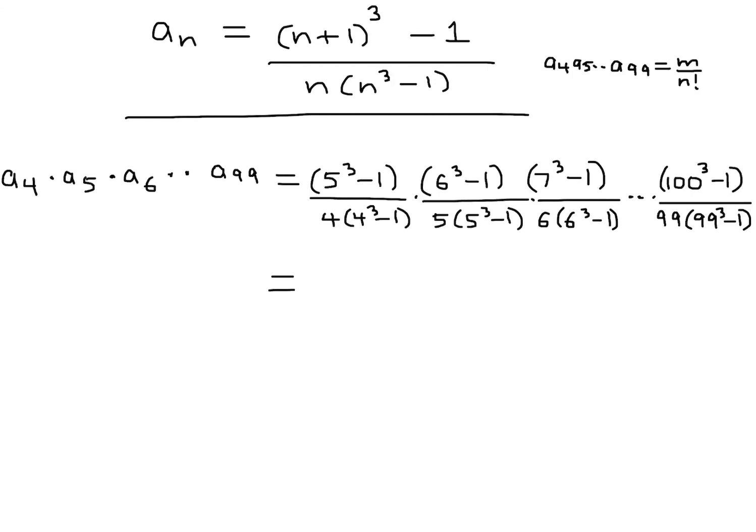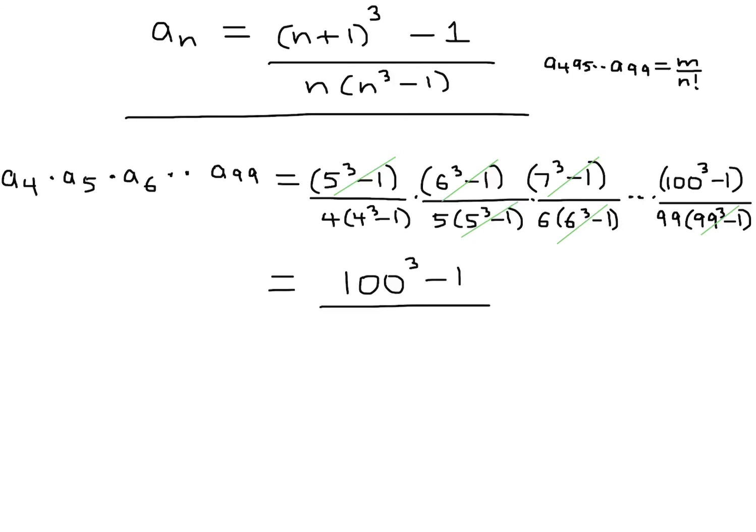Now, good thing is a lot of these cancel. So for example, this cancels with that, cancels with that, and everything will cancel. This will eventually cancel with that. And the only thing you're left with on the top is just 100 to the power of 3 minus 1.